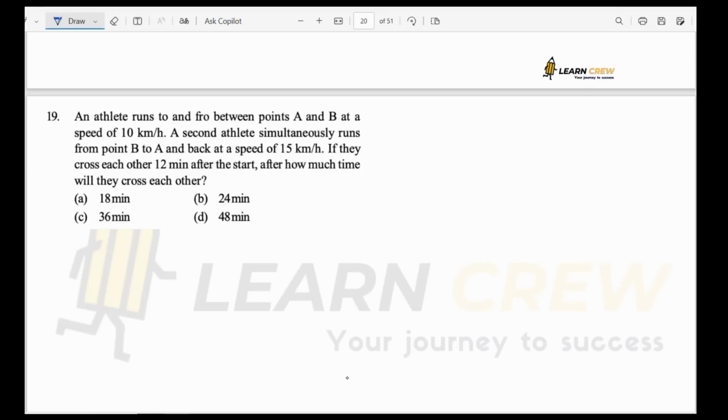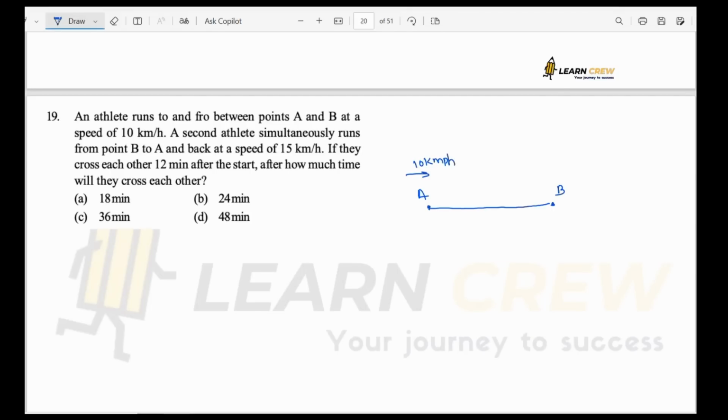What? 18 minutes is wrong. Tell me. An athlete runs to and fro between 2 points A and B. Okay, so see here. This is a point A, this is a point B. An athlete runs to and fro between 2 points A and B at a speed of 10 km per hour.